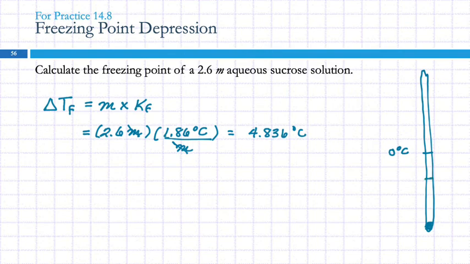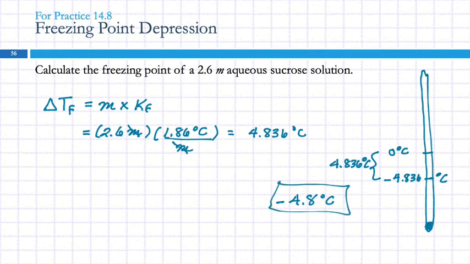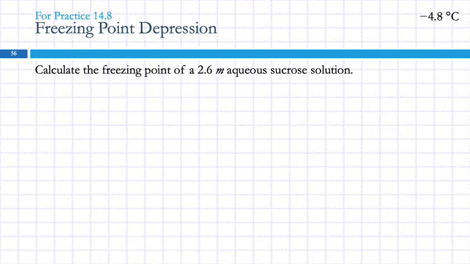So here's our new freezing point, and the difference here is 4.836 degrees Celsius. So then this temperature is negative 4.836 degrees Celsius. This only has two sig figs, and so on the computer this is expecting you to say negative 4.8 degrees Celsius. Since it's asking for the freezing point, the answer is negative 4.8.